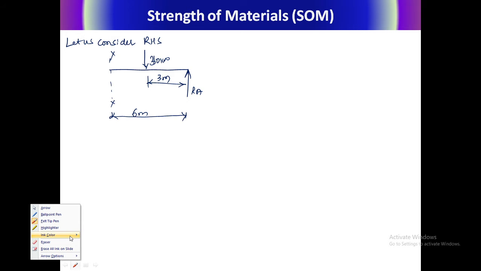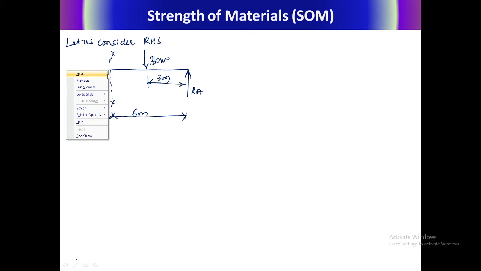Now what is the effect of reaction force RA on this beam at this location? Now I'll take a point here. If you fold it, this load RA tends to move this in upward direction. This 30 kilonewton tries to move this in clockwise direction. Are you agree with this one?